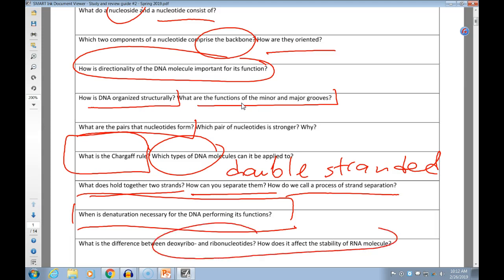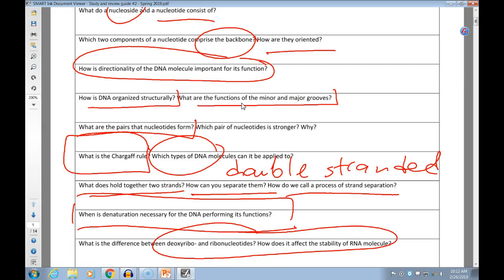Difference between deoxyribo and ribonucleotides. The first difference is that in ribonucleotides you have a hydroxyl group, OH, on the second carbon, 2' carbon, in the sugar. And second, in ribonucleotides you will find U instead of T. Remember that.